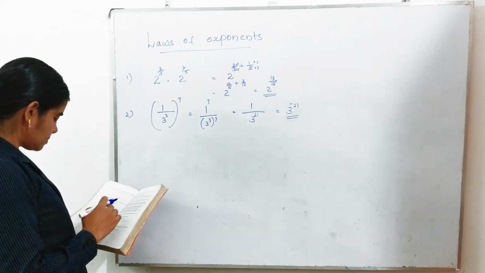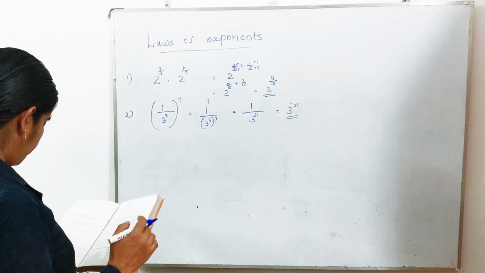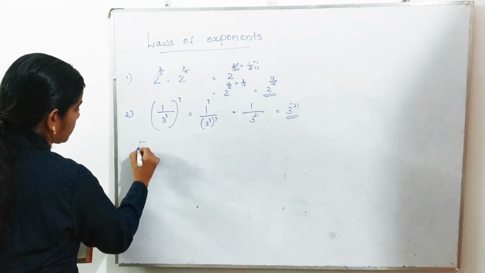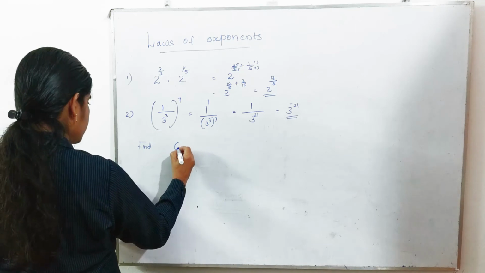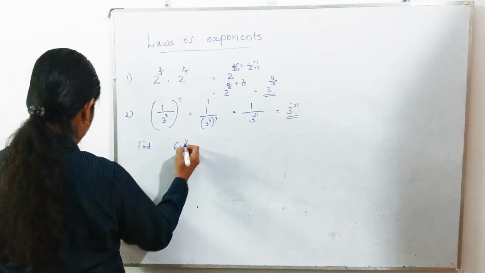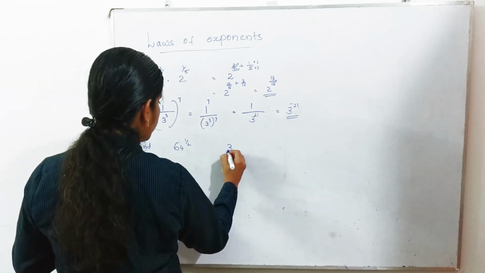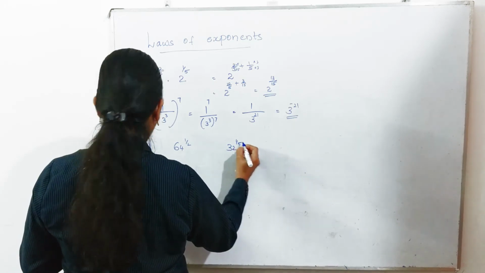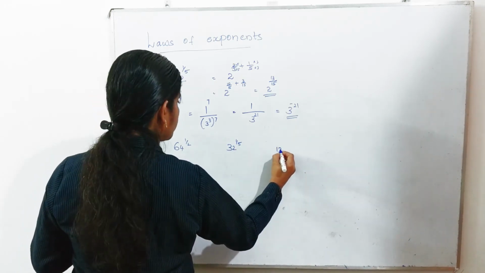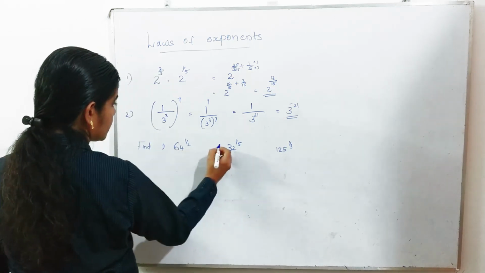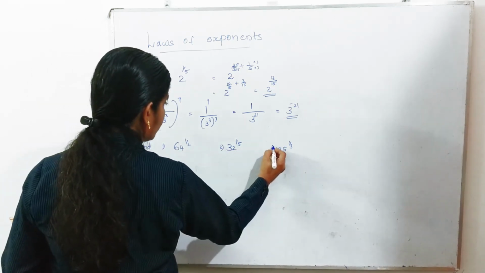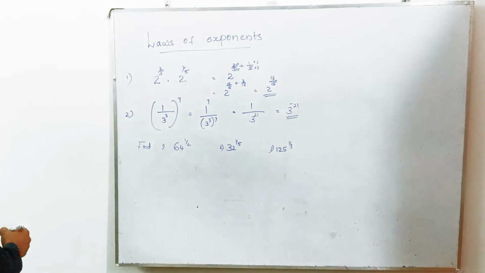Then, next I am showing: find 64 raised to 1 by 2, 32 raised to 1 by 5 and 125 raised to 1 by 3. 3 questions are there, and you want to find their values.